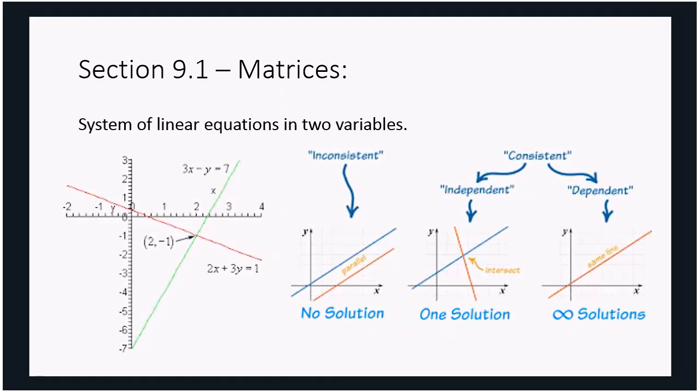So 3x minus y equals 7 is one line, and 2x plus 3y equals 1 is another line. The two equations are called a system of equations, and the point where they intersect is the solution to both equations. When x is equal to 2 and y is equal to -1, that solves both of these equations. That's what we did in Math 1046.